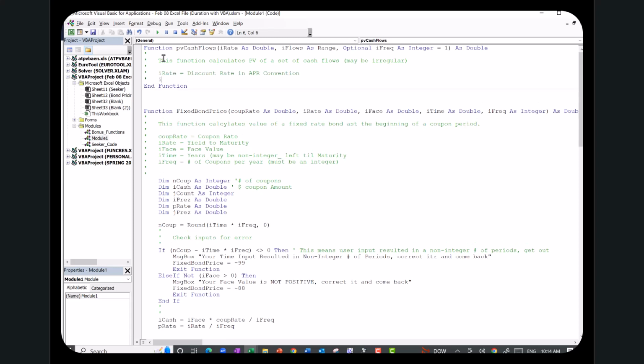What is that? I flows, a contiguous range of cells in Excel that has 2 columns. I'm going to set it up for that, but it's not too difficult.